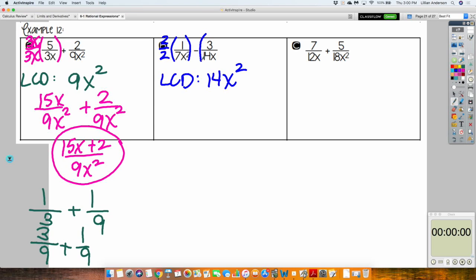An x. So then that way it's the same denominator. So then this turns into 2 over 14x squared minus 3x over 14x squared. And now that I have the same denominator, I can subtract them. That's 2 minus 3x over 14x squared.